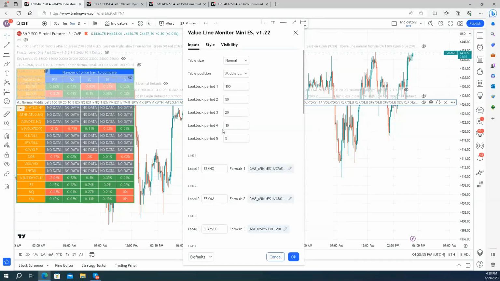However you put them in, that's the way they're going to appear. You can select just 1 candle back, 2 candles back, 3 candles back, or I went by 5, 10, 20, 50, and 100. And the placement on the chart and the size of the chart is all configurable as well. Maybe you want the top, bottom, or you want it smaller, depending on your screen size.